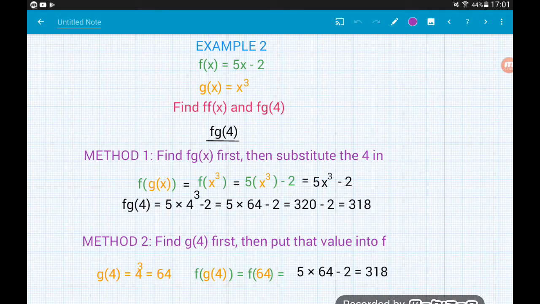Now that we know the value of g of 4, we can just take f of 64, because that is g of 4. So f of 64 will give us 5 times 64 minus 2, which again is 318. That second method is definitely the one that I would recommend. In the next two examples though, I'll go through both methods.